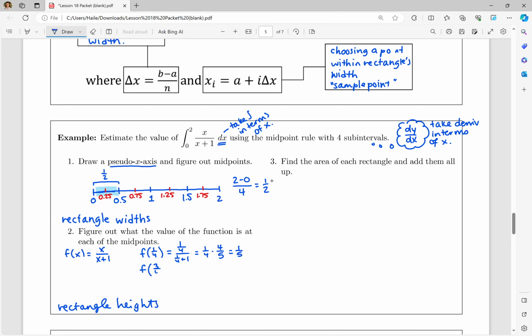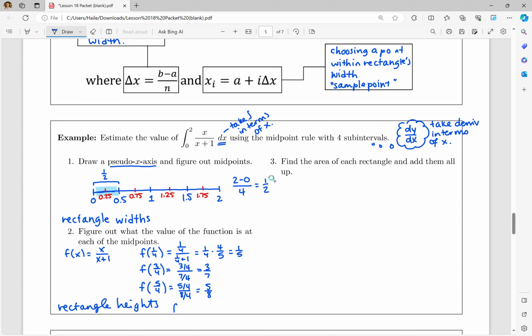F of 3/4 is going to be 3/4 over, wait, no, 3/4 plus 1 is 7/4. So 3/4 over 7/4 is going to give us 3/7. F of 5/4 is going to give us 5/4 over 9/4, which is 5 over 9.